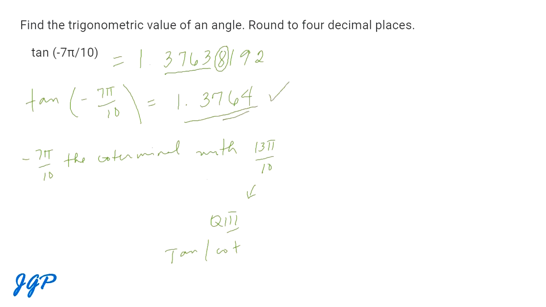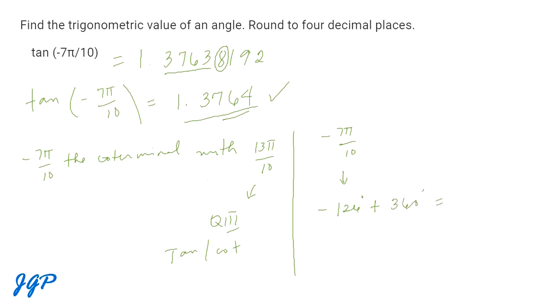Kung nahihirapan naman kayo dealing with a Radian measure, change nyo siya into a degree measure. Like, yung negative 7 pi over 10 mo, change mo yan into a degree measure. So, that is equal to negative 126. And, to solve this one, find the coterminal of that one, negative 126. Siyempre, pag hinanap po yung coterminal no, you simply add 360 degrees.